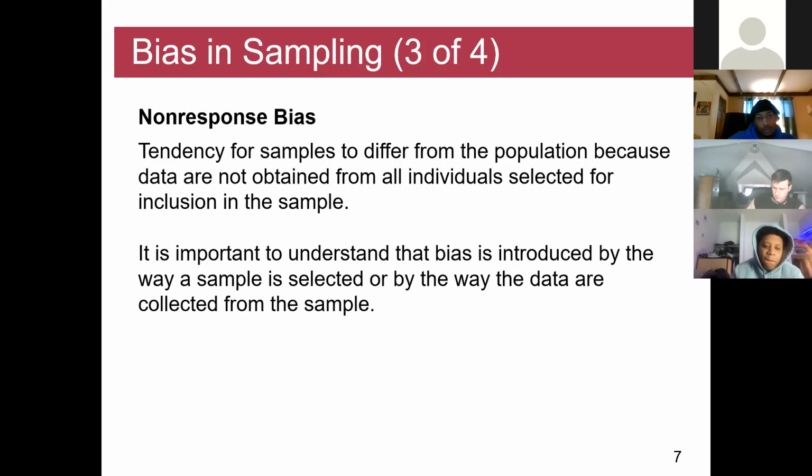They're not responding to the sample, to the study. So that's called non-response bias. And why is it a bias? Because the people who are not responding could have a different opinion about a question as opposed to the people who do respond. So we'd be biasing the results in a certain direction. So that's called non-response bias.